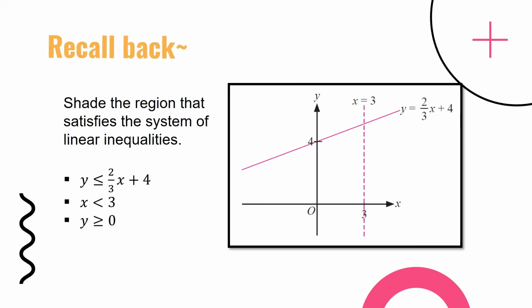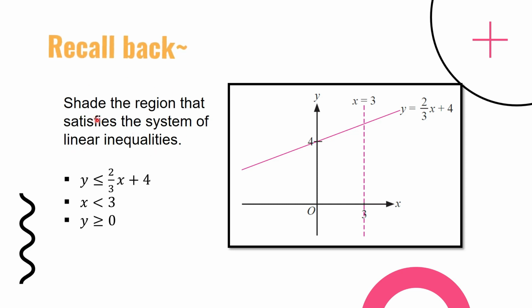Okay, before we enter the lesson today, first we're gonna recall this type of question. You already learned about this last week. The question is, shade the region that satisfies the system of linear inequalities.